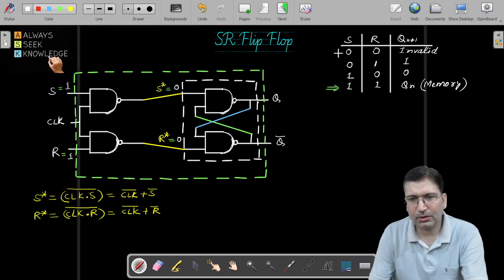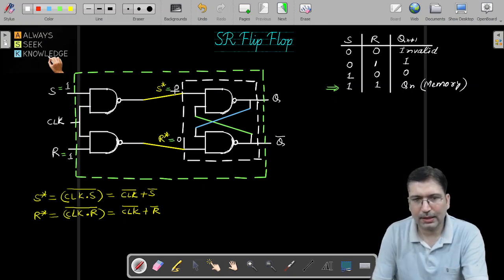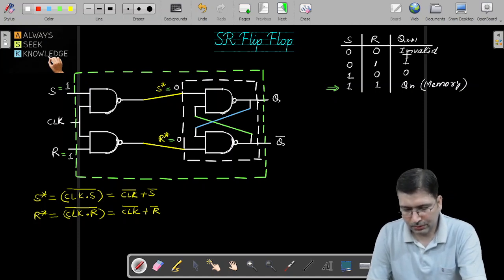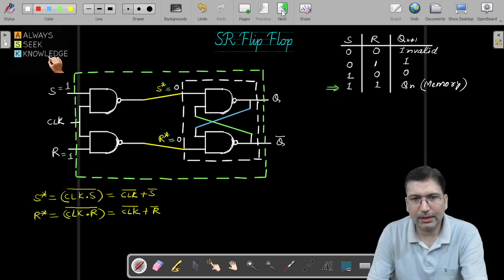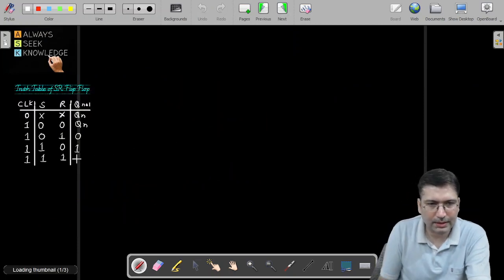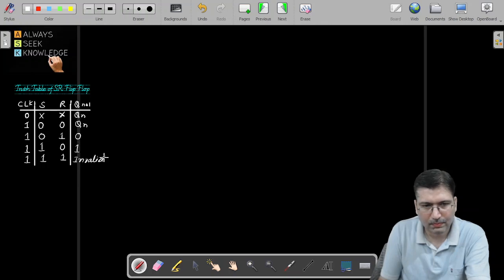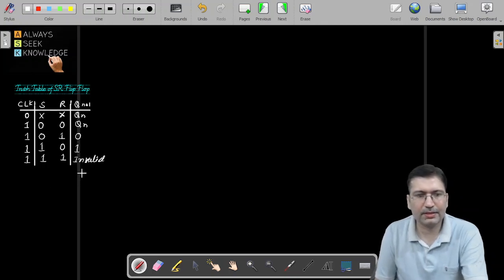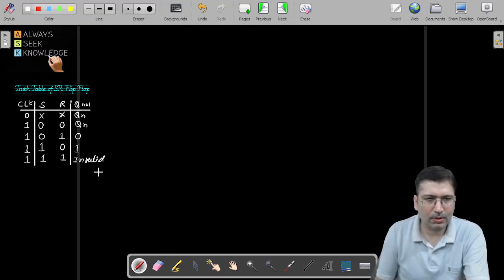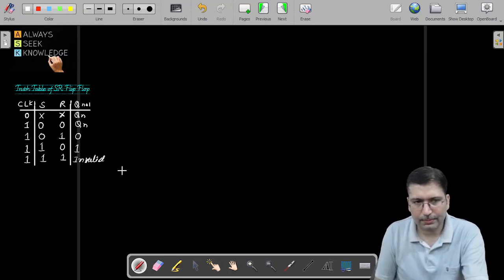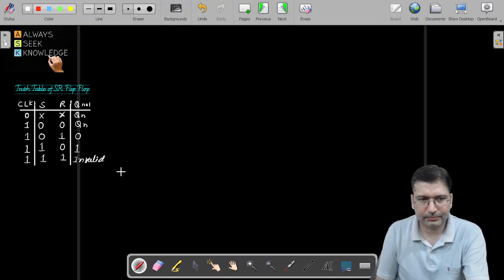And when we pass 0 0 in this SR latch, it is an invalid state. So we can write it as invalid. So this is the truth table of the SR flip-flop, right? Please do remember, this is very, very important.